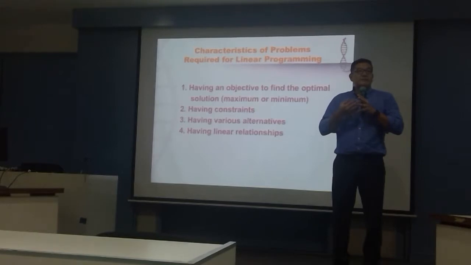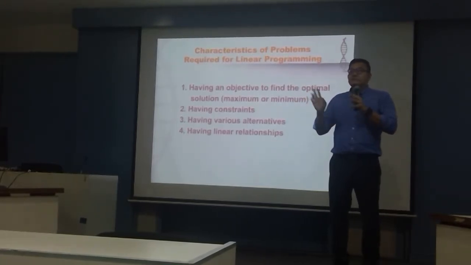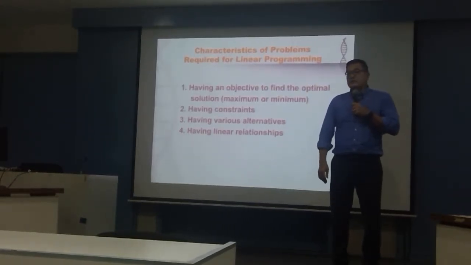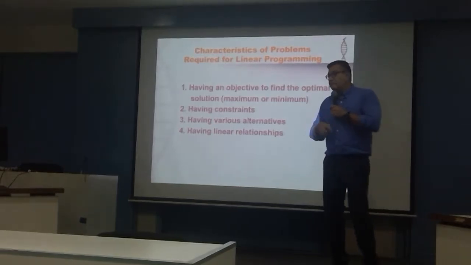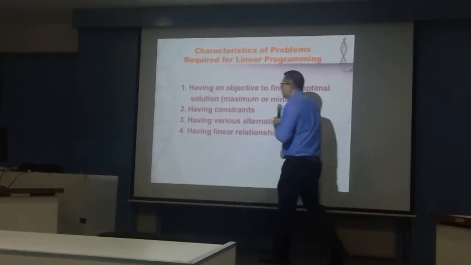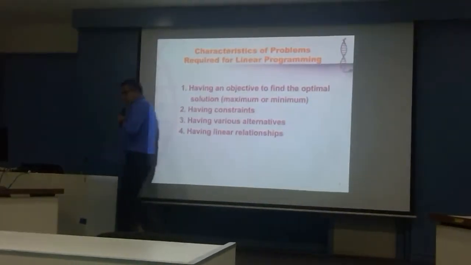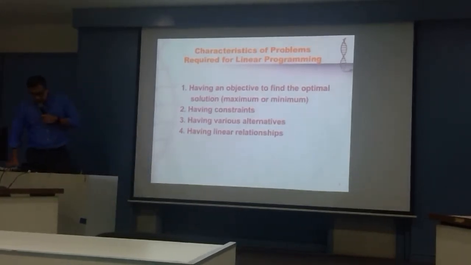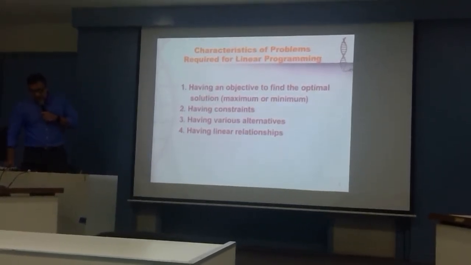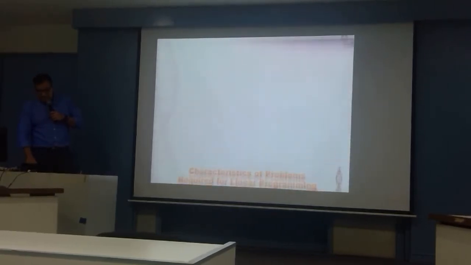X squared, x multiplied by y, x to the power of 3, square root of x, something like that. We have no that kind of relationship. We have just the constant value, like a number, and the variable of degree 1. So this is the characteristic of the problem that requires linear programming.